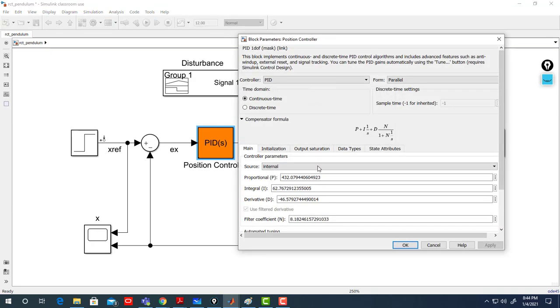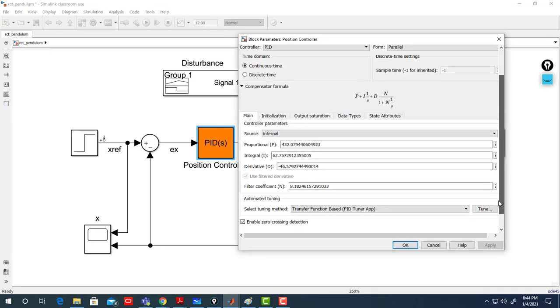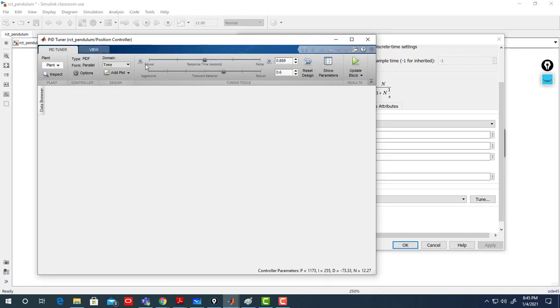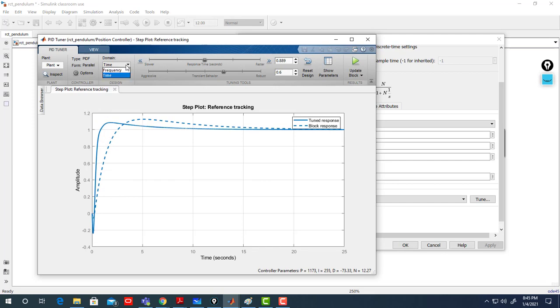Did I update my block? I don't remember if I updated my block. Let's check. The tuned response, the block response, the current block response is this one, tuned response.